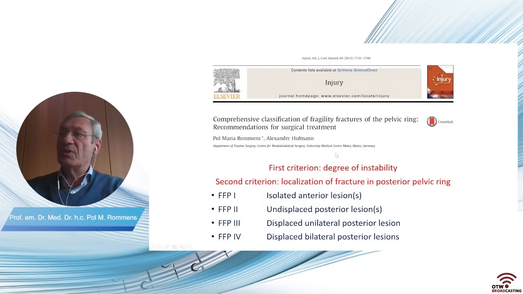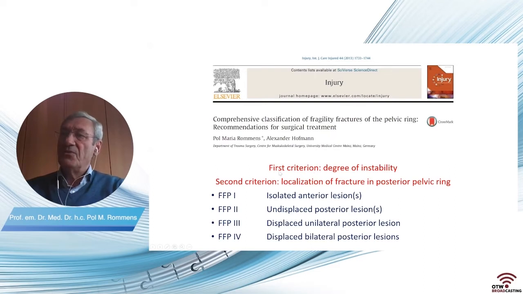These were reasons for us to look back at 245 patients in our hospital that suffered a fragility fracture of the pelvis. And we were able to recognize different categories of instability and develop, therefore, a comprehensive classification combined with recommendations for surgical treatment.